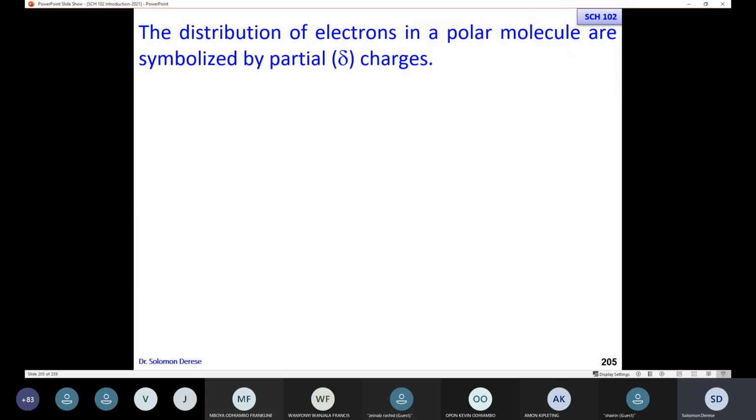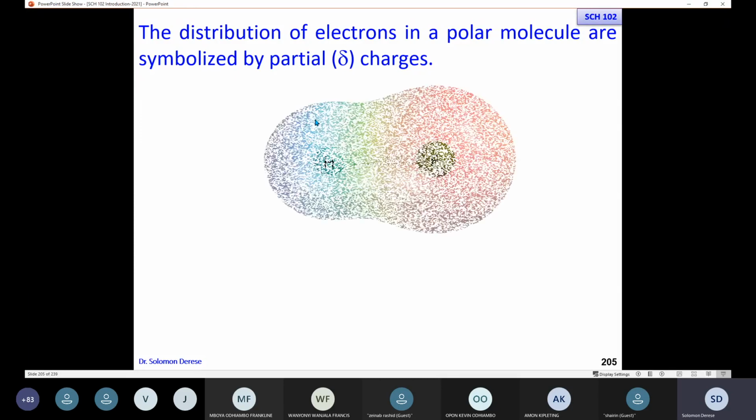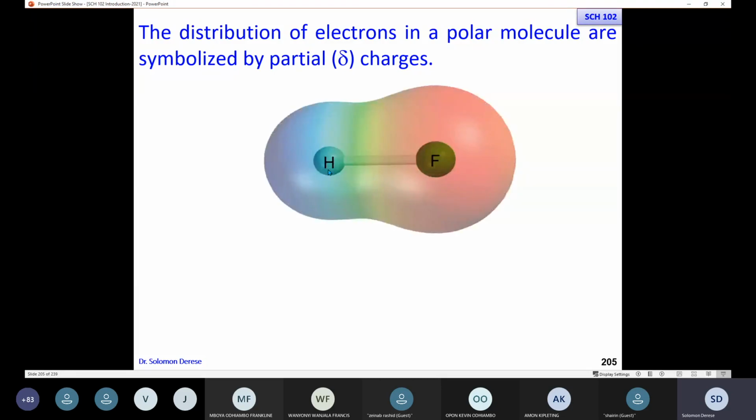There are going to be partial charges on the atoms that are involved in covalent bonding, and partial charge is given using this symbol delta. So if you have a covalent bond between hydrogen and fluorine, on the fluorine we'll have deficiency of electrons. On the hydrogen we'll have deficiency of electrons.